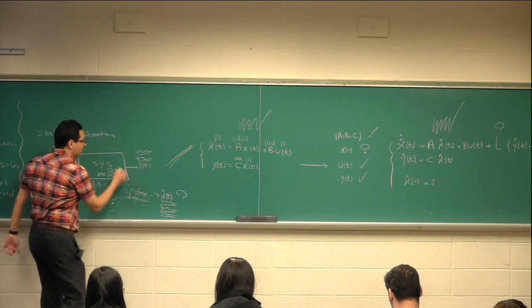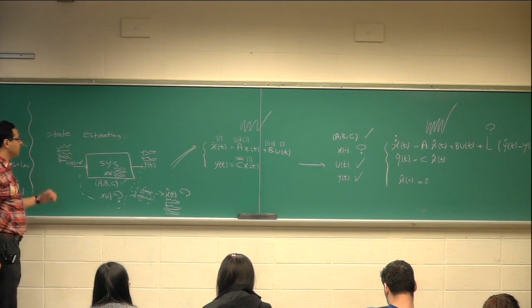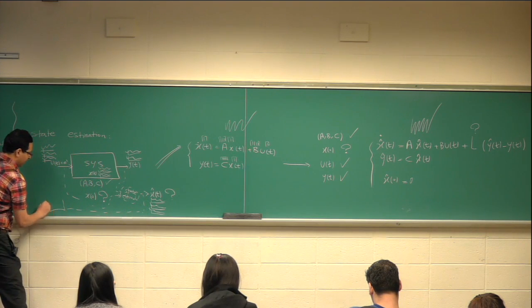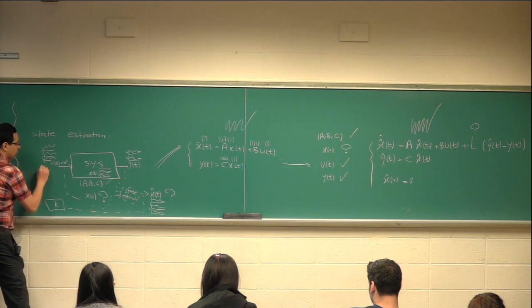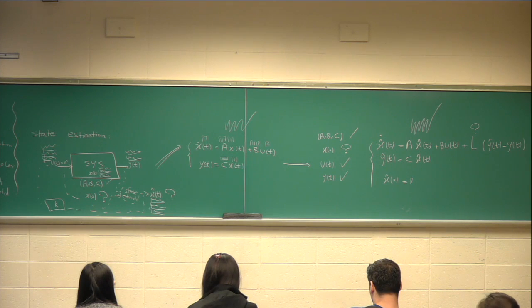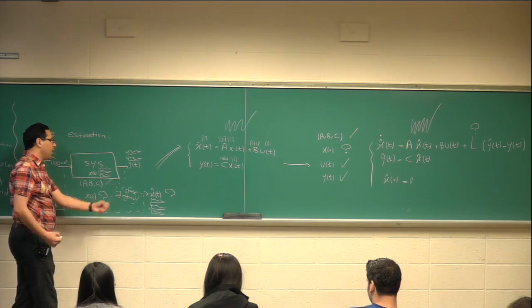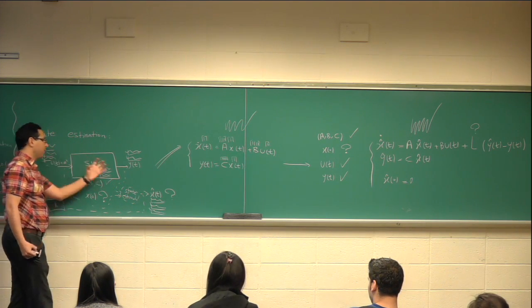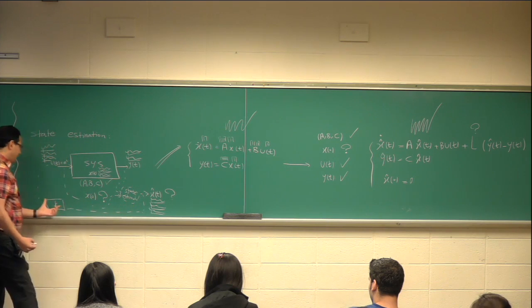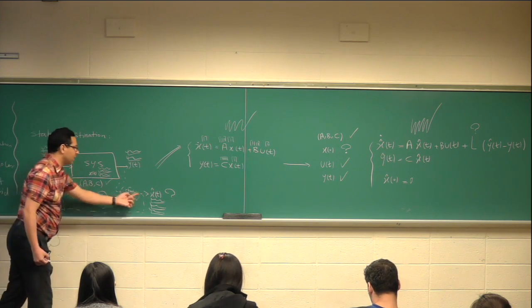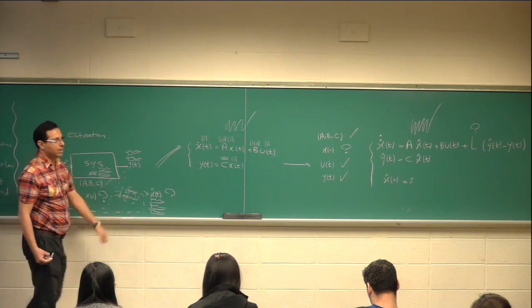If it's a good estimation, then how can I control the system? That was another story, that we can put a feedback here, like a gain K, and control the system to make it stable. So we talk about controlling the system by assuming that we know all information, we know all the state of a system. And then we put a feedback K, that was the other day, and you did one question in the homework, but that's under the assumption that you know the state.